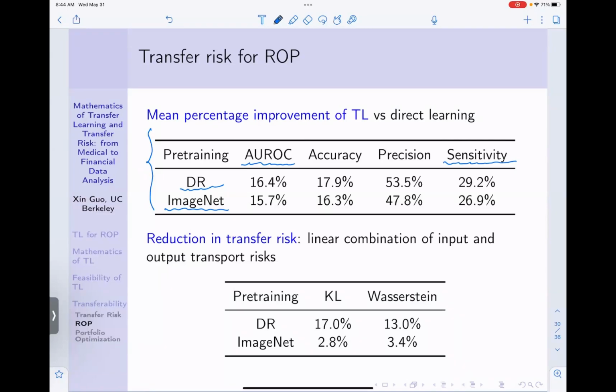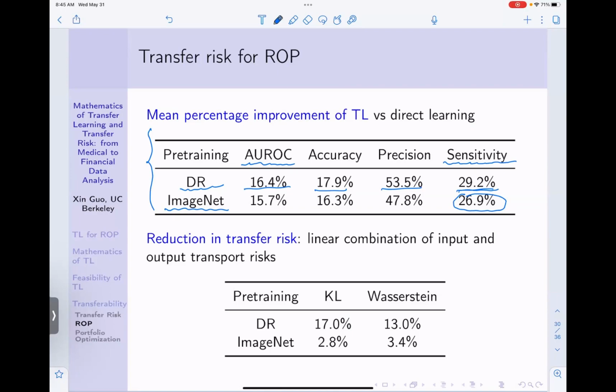So the DR dominates the real image in terms of improvement from the direct training. These are the percentages of improvement. DR, for example, sensitivity was close to 30%, whereas if you just use a generic image, this is 27, it's not bad. And these are classical medical metrics that we use to measure the performance of models.